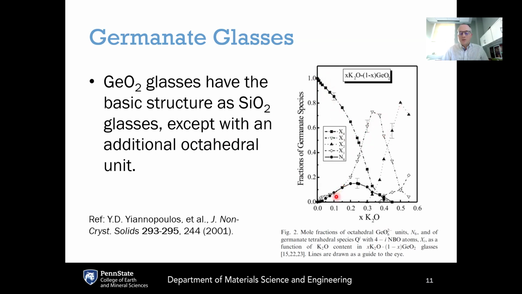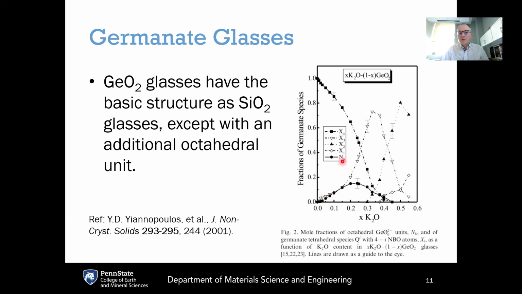But one of the interesting things in germanate glasses is something called the germanate anomaly, in that you can also create octahedral germanate units upon the initial addition of modifiers. And you can see that with this curve here at the bottom. This starts off with 0% of octahedral germanate.